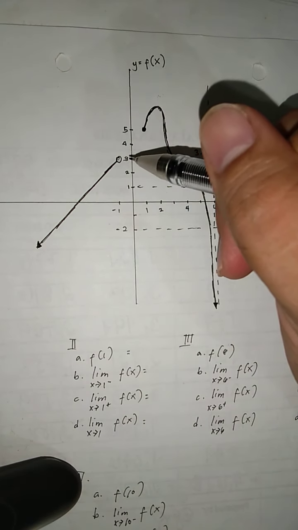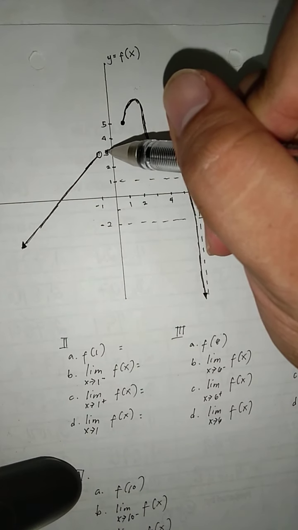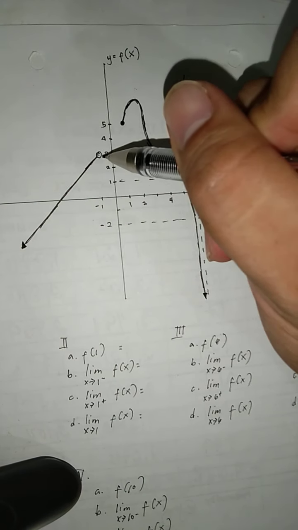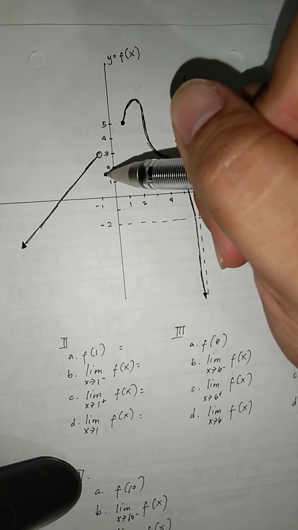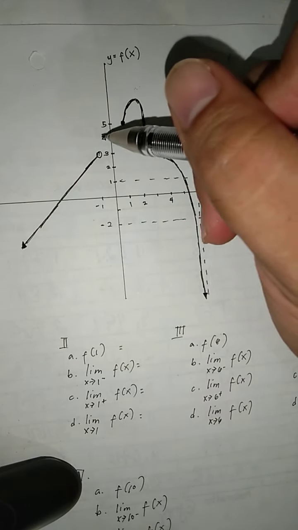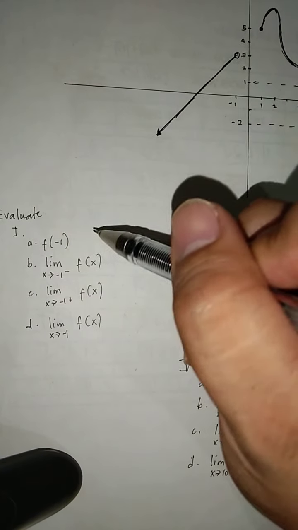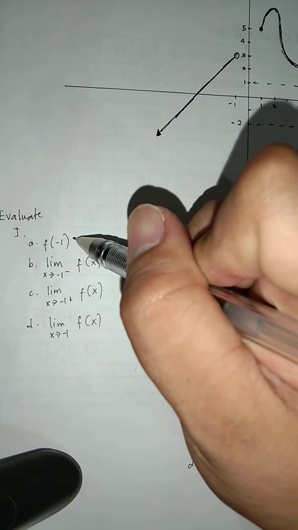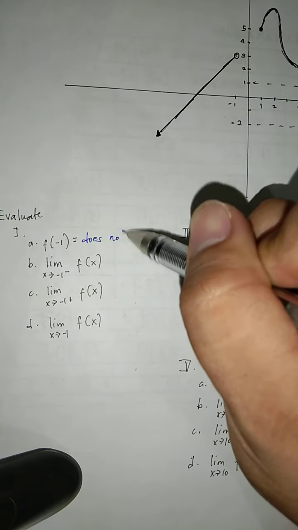That means the graph doesn't have any value at -1, and we cannot find any other shaded dots that indicate the function has any value there. So therefore, for letter A in number 1, f of -1 does not exist.